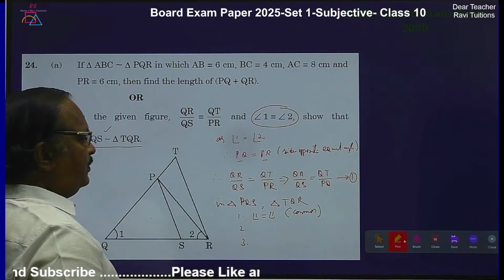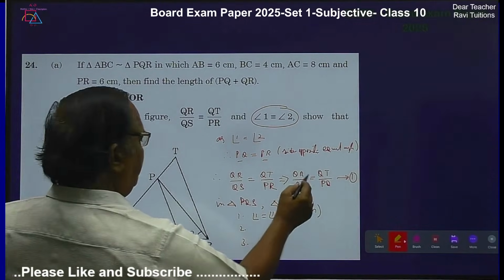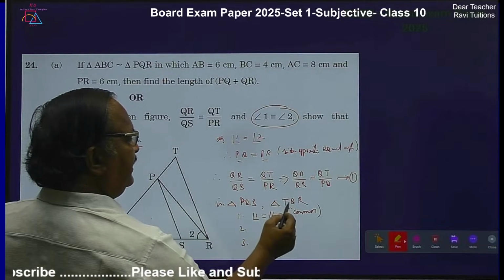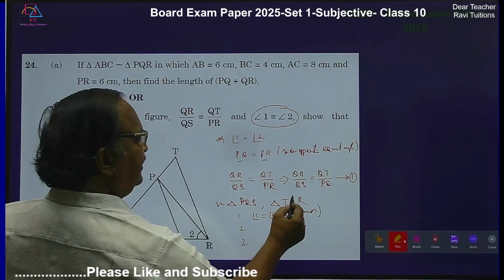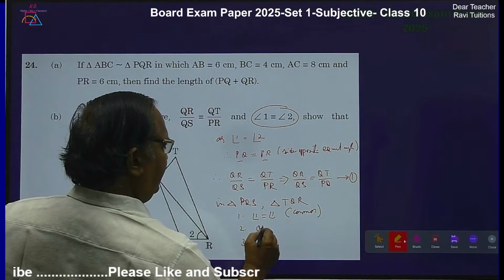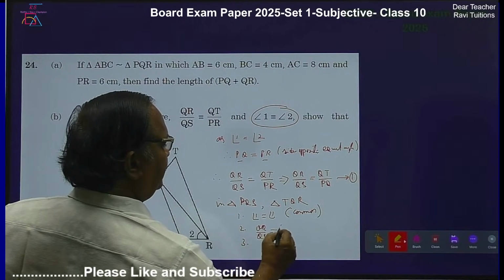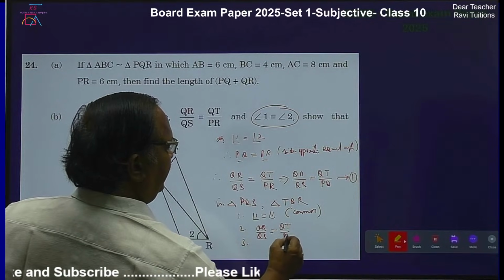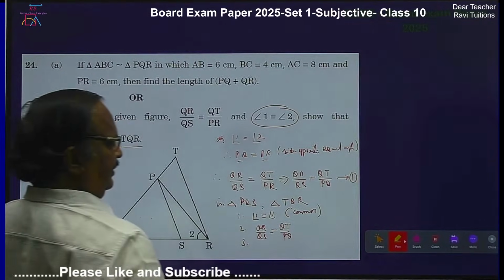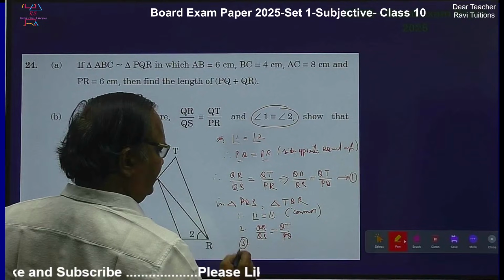Okay. Now see this PQR. QR by QS is equal to QT by PQ. Therefore, now no need of this one.